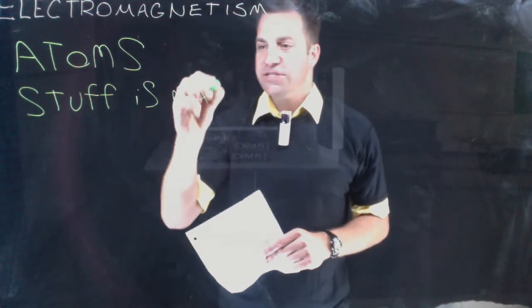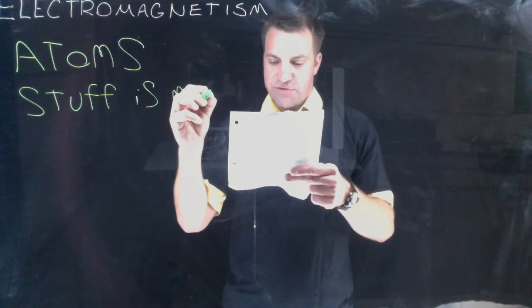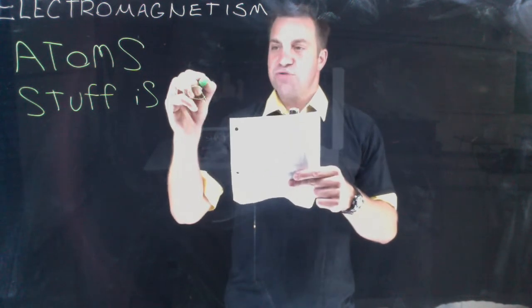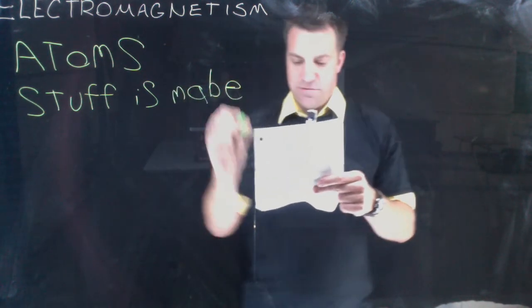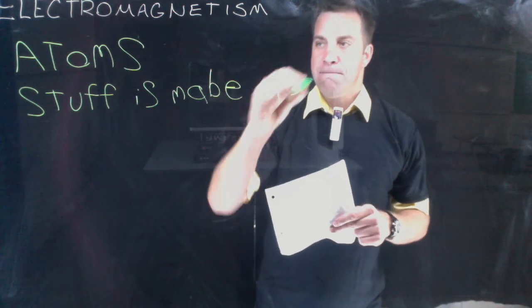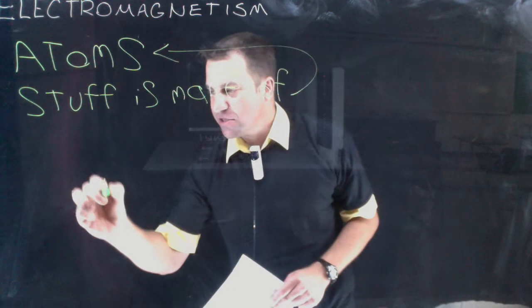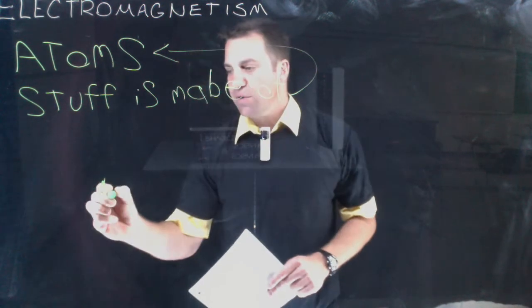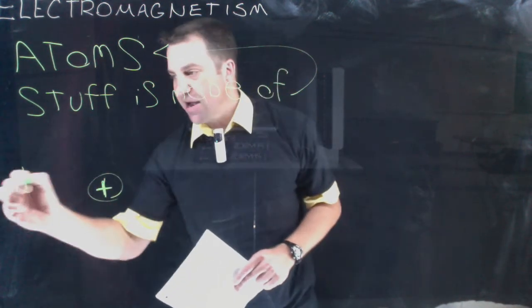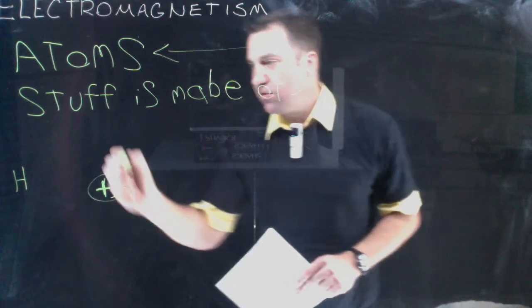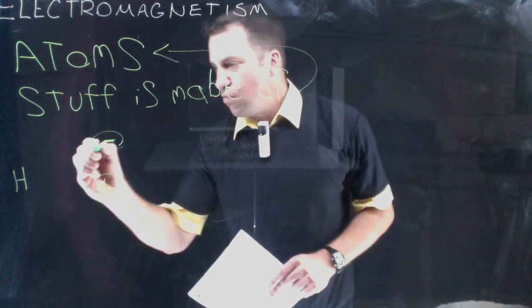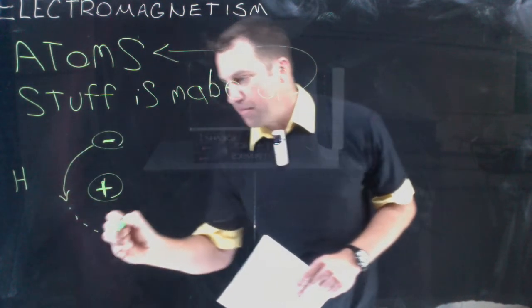Okay? Which means it just has a positive charge and a negative charge, and the negative charge is whirling around the positive charge. So this would be a great starting point just for thinking about the atom. One proton, so that means it's hydrogen, number one on the periodic table, and the electron is whirling around this proton.